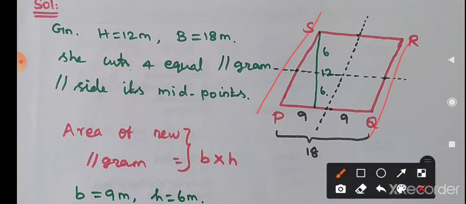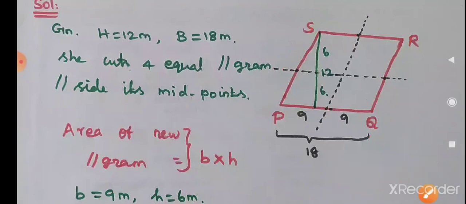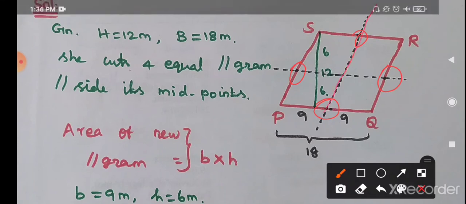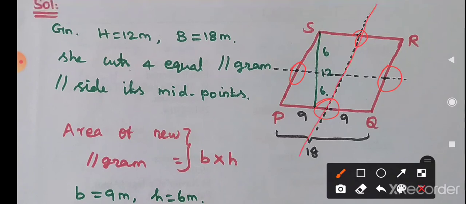So she cuts at the midpoint. This is a midpoint, this is also a midpoint, and here this is a midpoint. So we have to cut at the midpoints. I draw the line roughly.